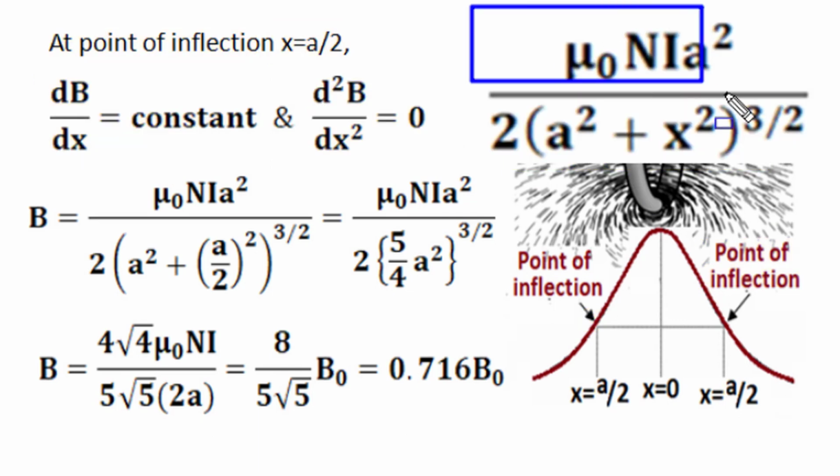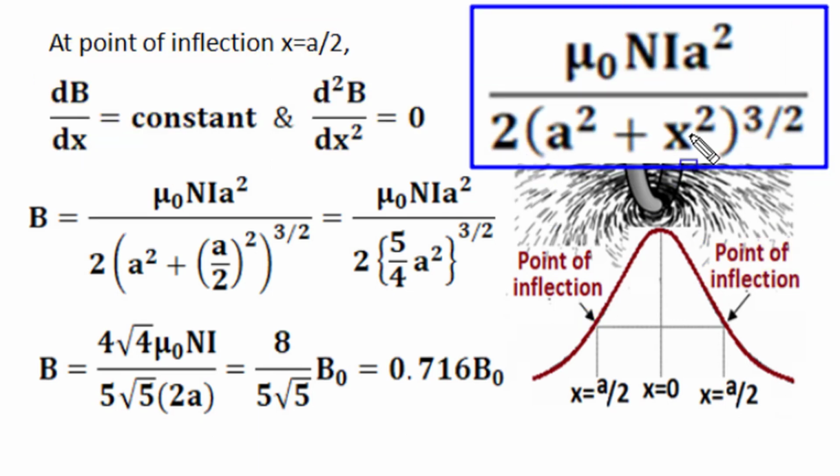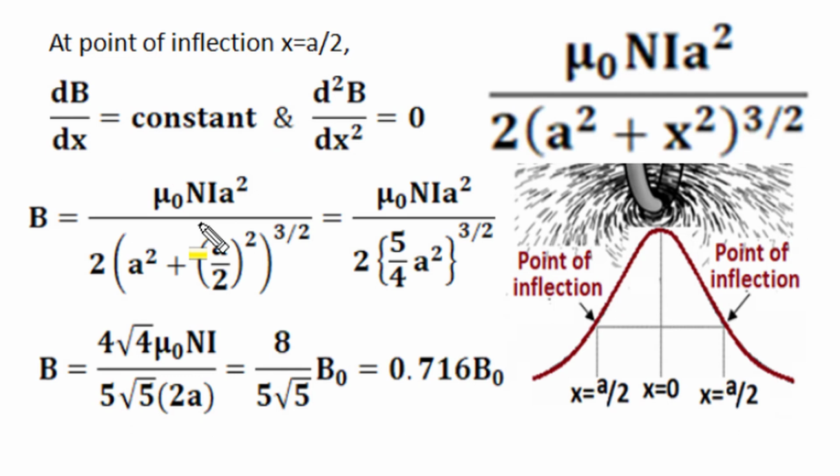In this expression of magnetic field flux density on the axis, if in place of axial distance for the point of inflection we place half of the radius, then this square becomes a square by 4, and the summation becomes 5 by 4 a square, and the 3 by 2 power of a square makes it a cube, and with simplification it becomes only a.